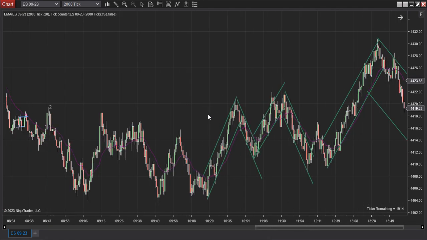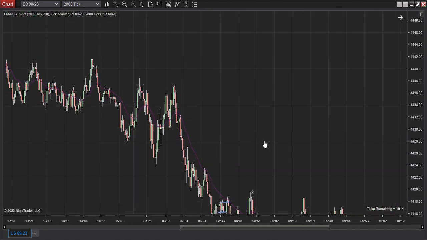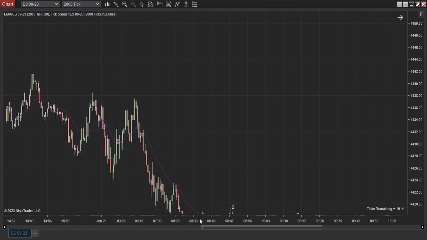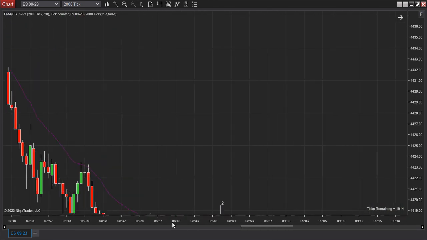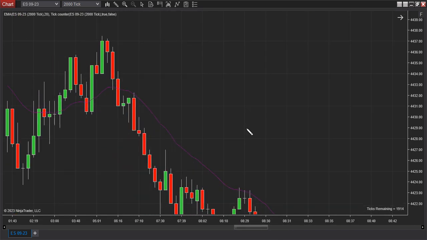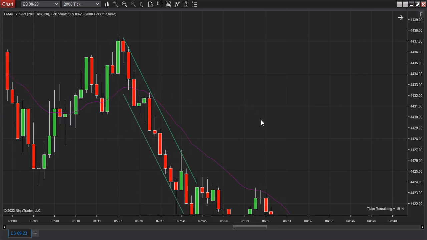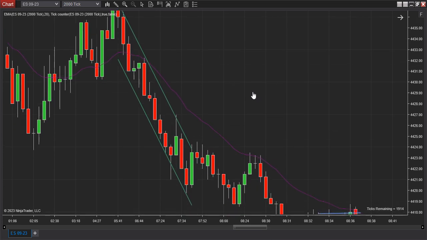Something else to keep in mind about these channels is that the channels expand. So as we're going about our day and we see a channel, and we say, okay, this is the channel here. That's the channel. But as the market continues on, we begin to range.